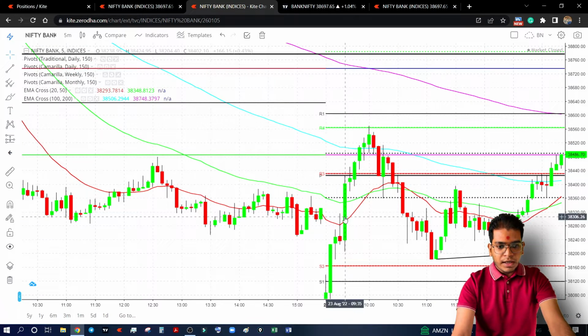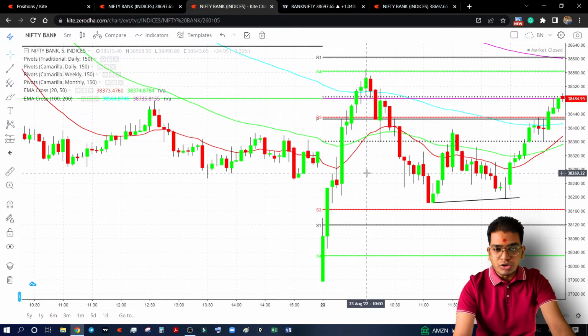Now, why do we have to take an entry over here? Because the market made two base candles over here. Before that there was one rally. Now again it is trying for a rally, and at this point it is also crossing the 20 EMA in the 5 minute time frame chart as well. Yes, above is the CPR, but we can take the trade. Why? Because the probability of a typical day is going to be high, because of the fluctuations.